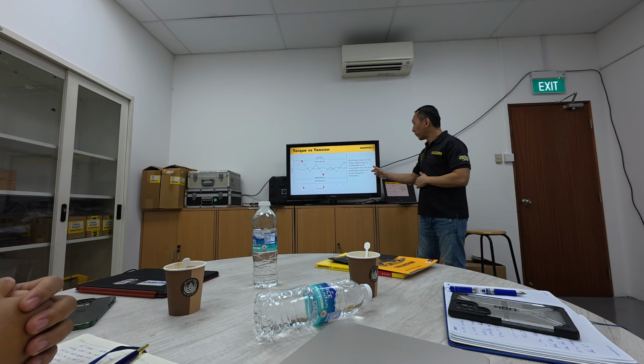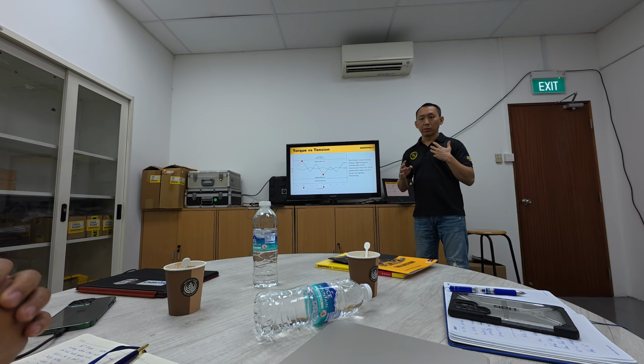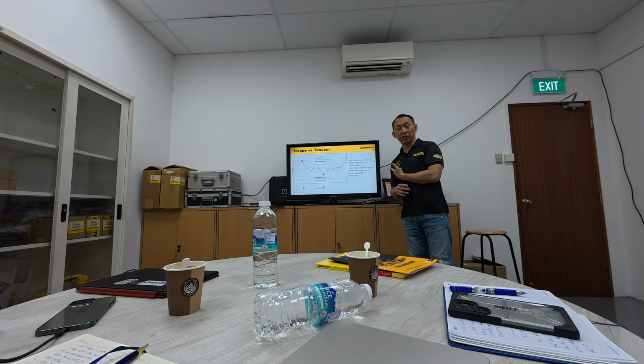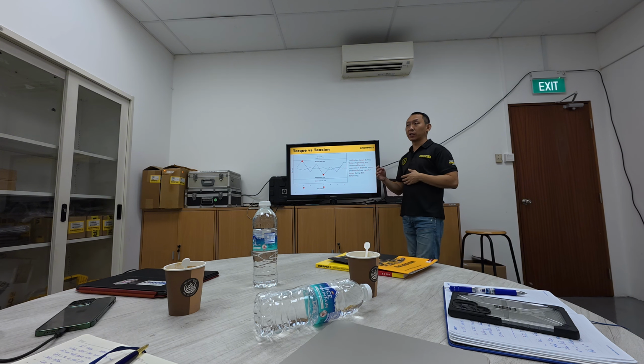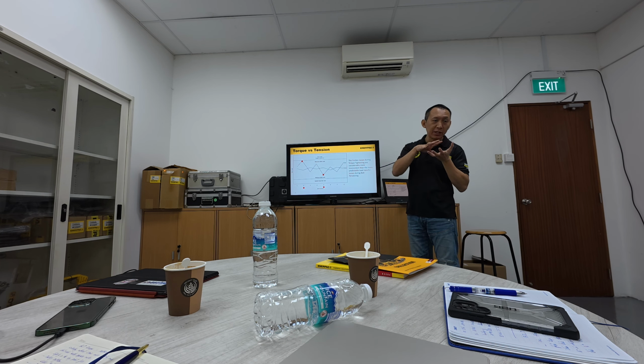So with tensioning, there's no frictional loss. That's a big advantage, and that's why in some applications tensioning will be a better option compared to torquing. But of course there are things you need to weigh out: what type of force you want to achieve, and whether the space is enough, because in certain applications space is limited, so a tensioner cannot fit in.